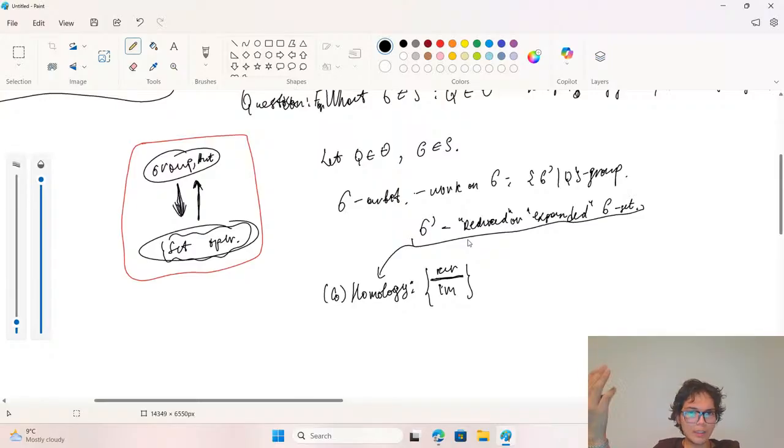We didn't define a dimension, but it will give some notion about how much work we did on G. If it's big, we did a big work on G. If it's small or even trivial, we didn't do much on G. So the bigger this object is, the bigger the work we did on G so that G prime and Q form a group.